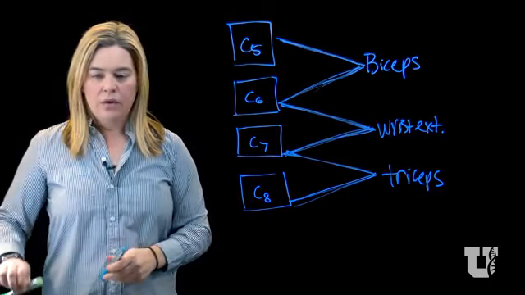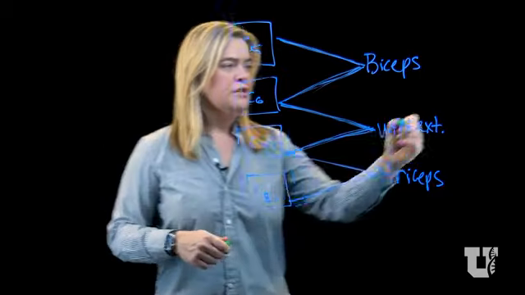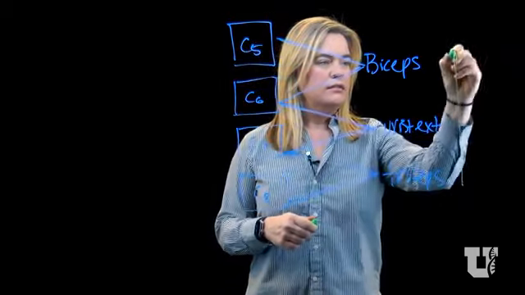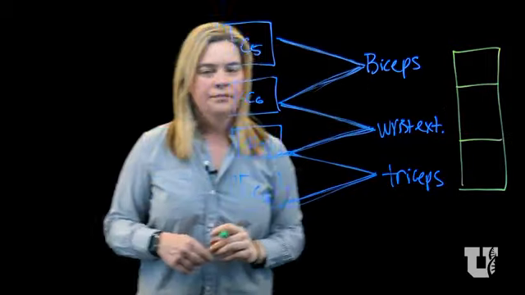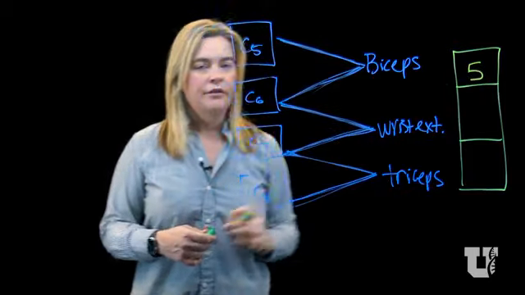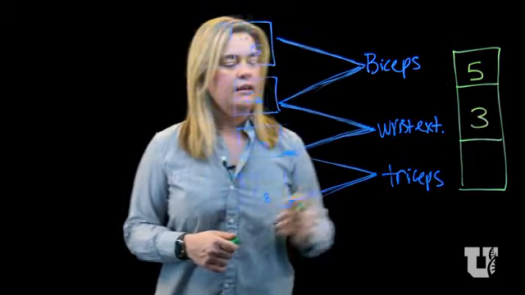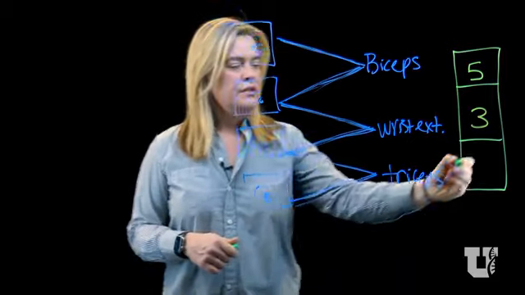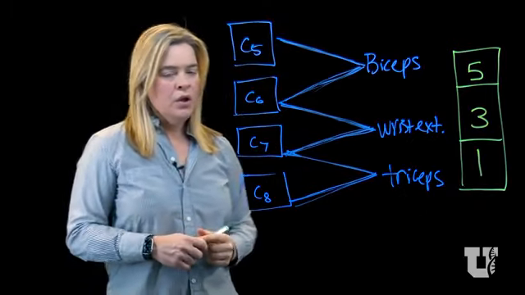So if we think about how we score the motor exam, I'm going to draw some motor boxes that you would do on your worksheet. We have 3 levels. So let's hypothetically say we have a grade of 5 for the biceps. We have a grade of 3 for the wrist extensors, and we have a motor grade of 1 for the triceps.